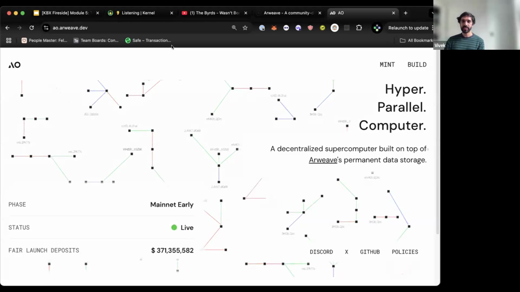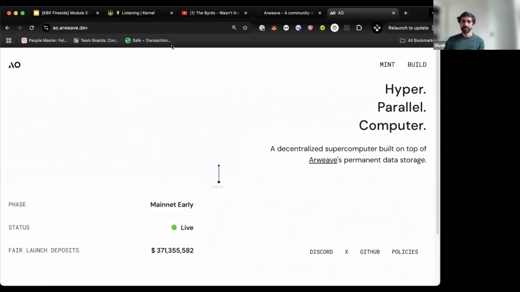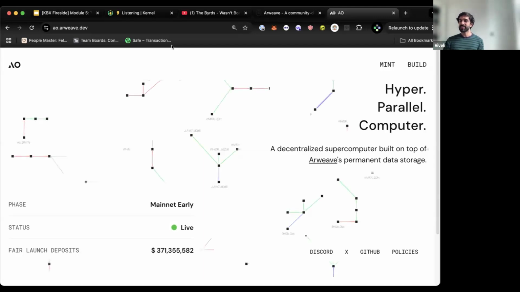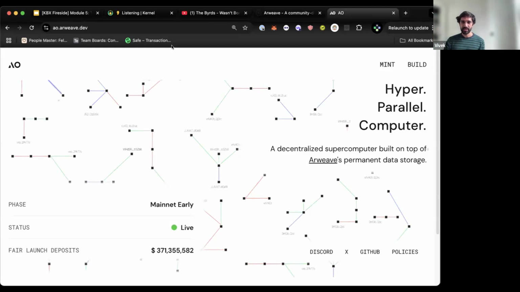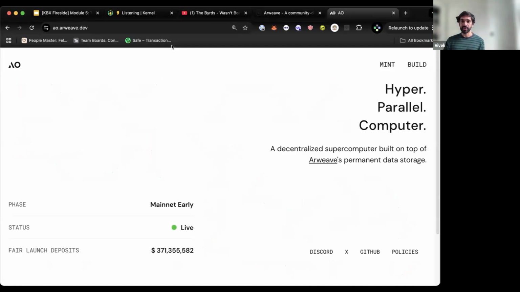It does not make guarantees that every node in the network is going to have a sense of shared global state, but it does make the guarantee that that state can be put back together. And AO also has a relatively simple token design that's built upon the permanent data storage token design of Arweave.